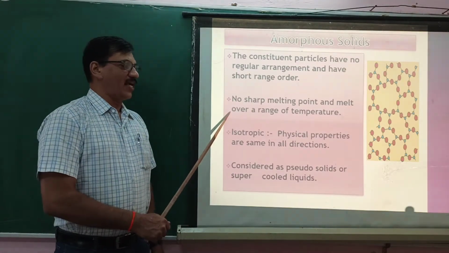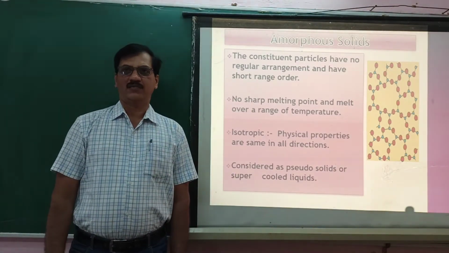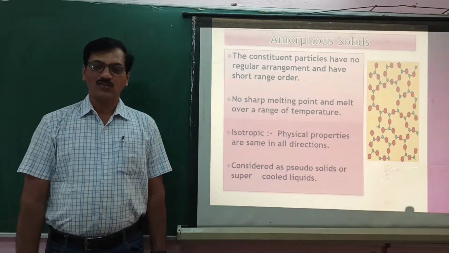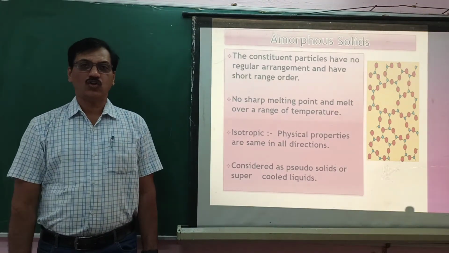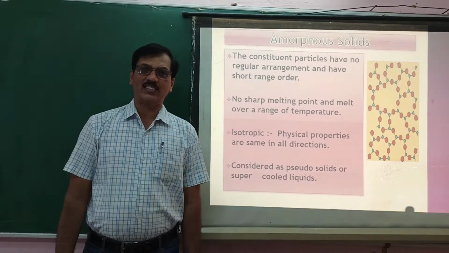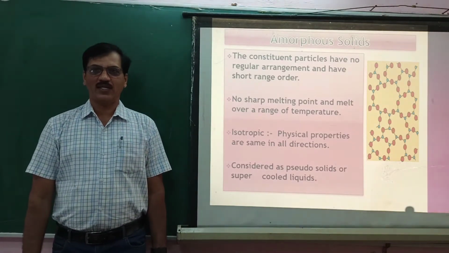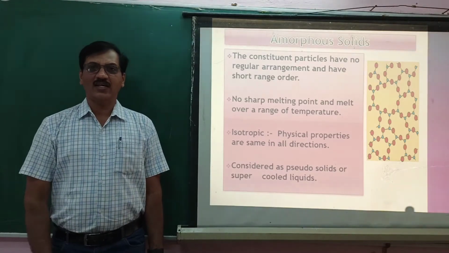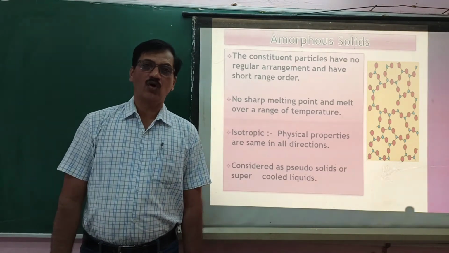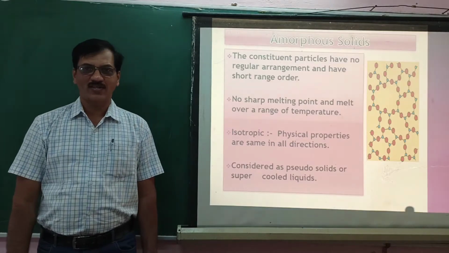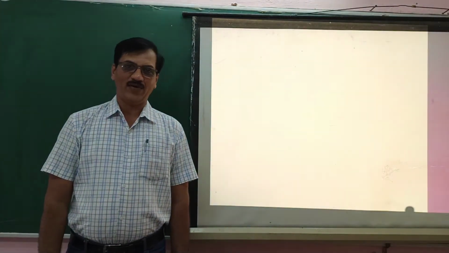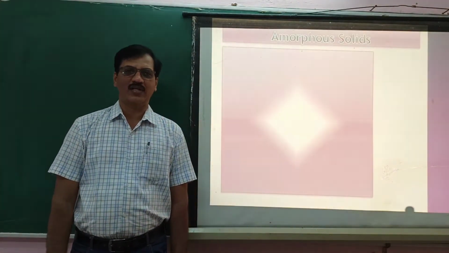Another thing is they have no sharp melting point and they are isotropic in nature. Crystalline solids are anisotropic and amorphous solids are isotropic in nature. So they are considered pseudo solids. Pseudo solid means not a true solid. They are called supercooled liquids.